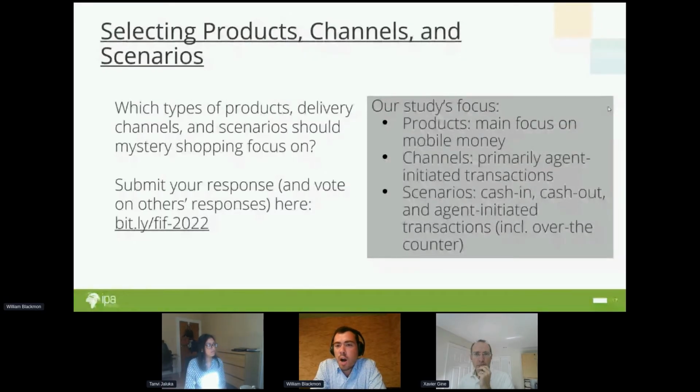Our study, just as an example, was focused primarily on mobile money. We are including some comparison with agent banking, as well as the experience of consumers at traditional bank branches. But mobile money dominates in the markets that we are beginning our work on, and so we're focused on the experience of consumers using mobile money at this point.